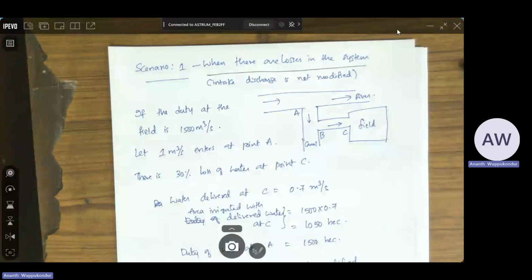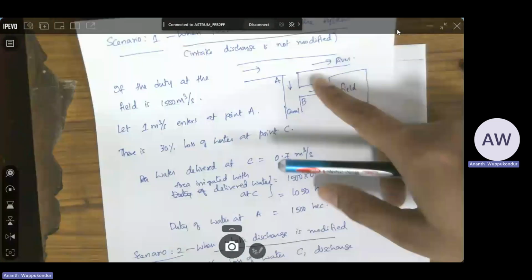So now what happens because of the loss? The area that we can irrigate with the water that we supply would be reduced. So earlier we might have expected 1,000 hectares to be irrigated, but now it might reduce to 800 hectares or 700 hectares.